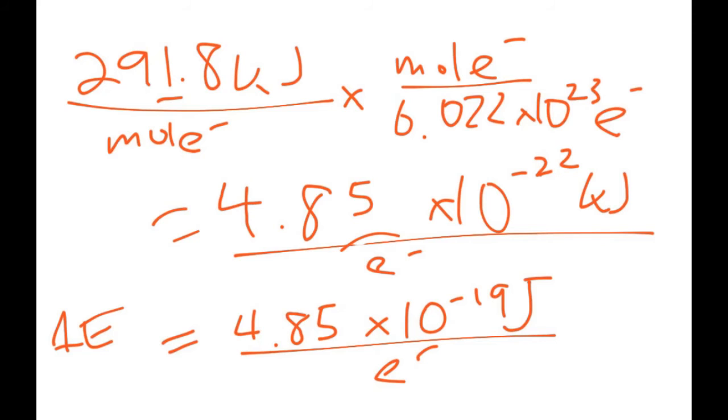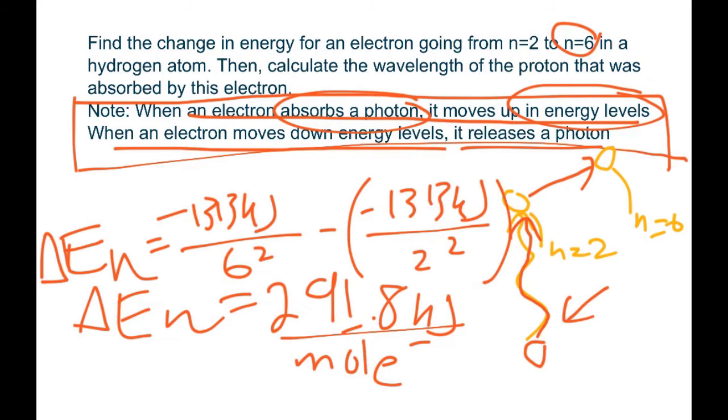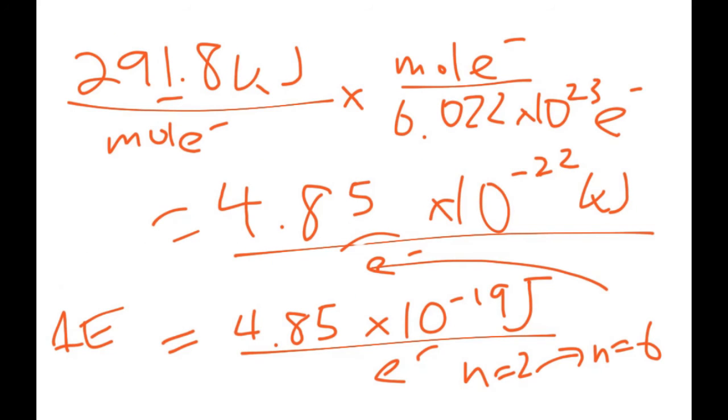So after doing some calculations on the screen, I found that the change in energy for 1 electron when it goes from n equals 2 to n equals 6 is 4.85 times 10 to the negative 19 joules. So now that we know that, we know from this question that an electron needs to absorb a photon with exactly this amount of energy in order to move from 2 to 6.